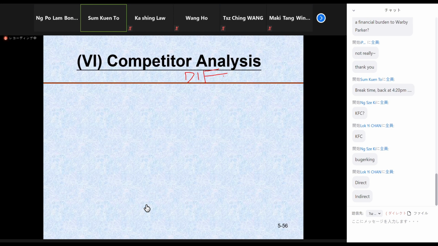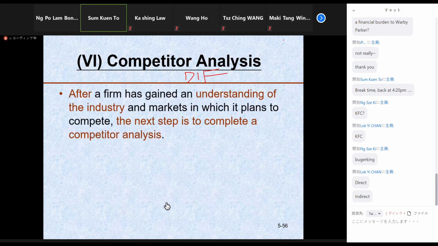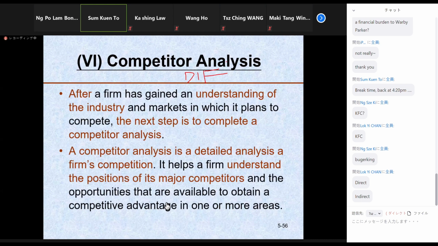So in your upcoming business plan, you also try to analyze whether your industry, your product idea, has direct competitor, indirect competitor, and future competitor. So what you need to do is 知己知彼，百戰百勝. After you have analyzed your industry, the next task is to find out whether we have different types of competitor, which is what we said just now, DIF.